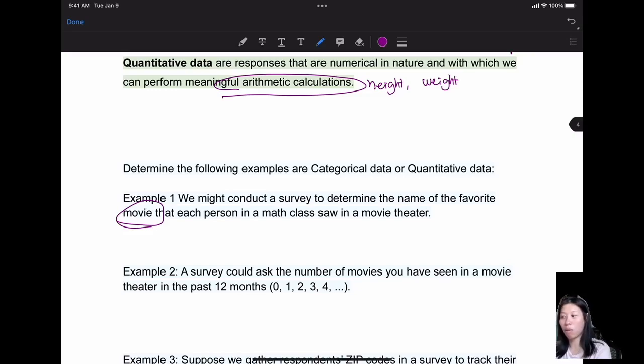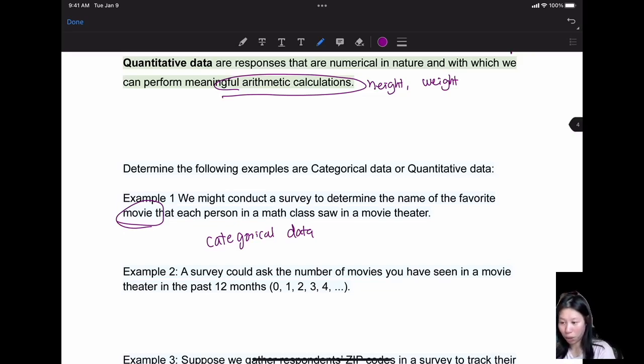So we can't perform a computation with the answers. So this would be categorical data.